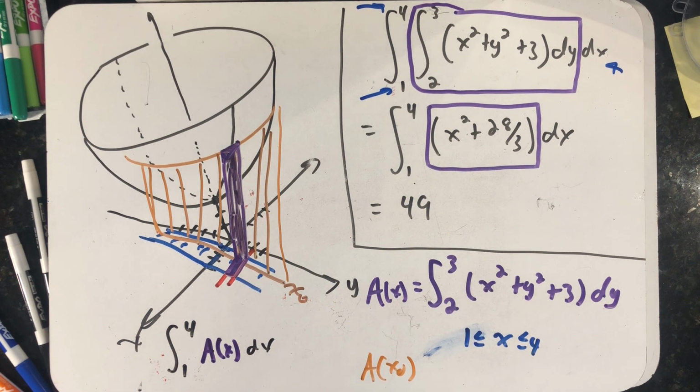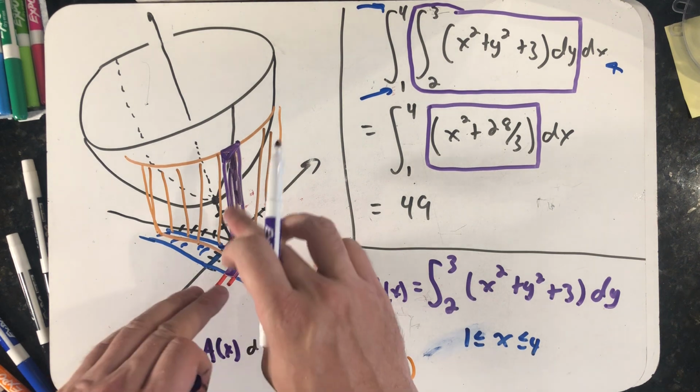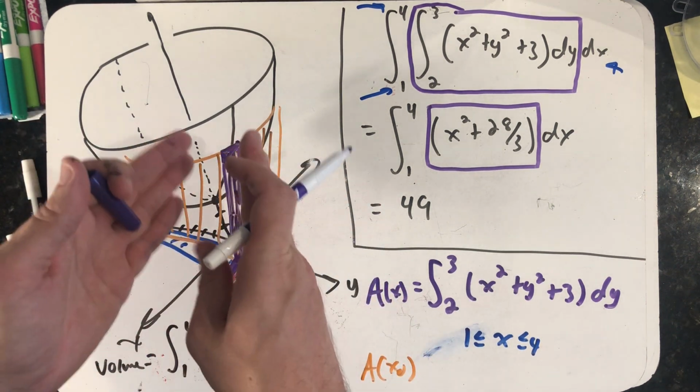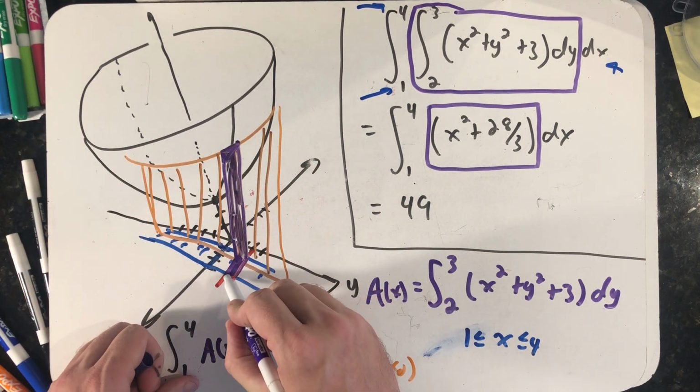Well, that's taking a bunch of areas and adding them together. The definite integral of an area function is a volume. And so this iterated integral is actually telling me the volume of the region under the paraboloid but over this rectangle.